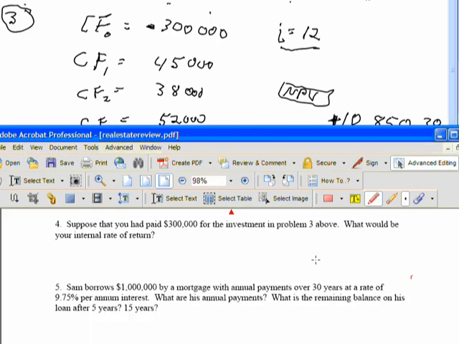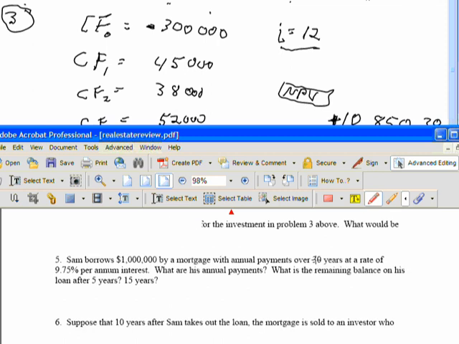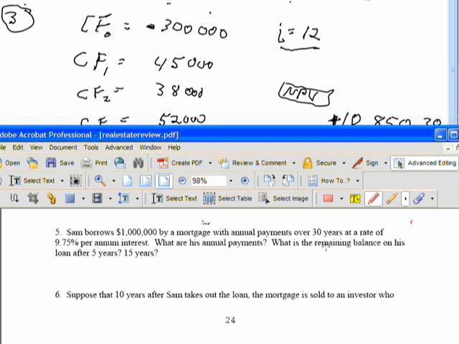Well, let's look at question number 5. Question number 5 is also a two-parter. It also includes question number 6, which is half on this page, half on the next page, but we'll get to it. Question number 5 looks like a mortgage balance problem. So you should be thinking about mortgage balances now. Sam borrows $1 million by a mortgage with annual payments.